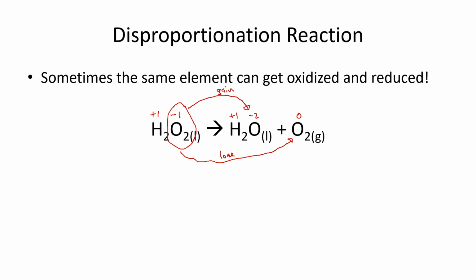So disproportionation reaction means that you're going to have both occurring to the same element in the same compound. So this is both oxidizing and reducing agent. So that's a disproportionation reaction. You won't see them too often, but when you do, it's nice to know about them.